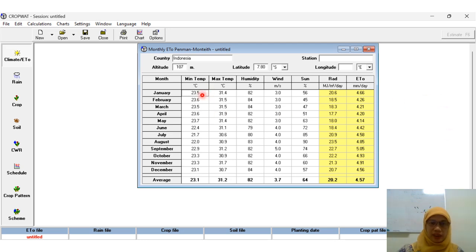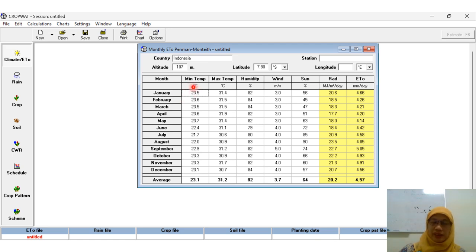Here you can just enter our climatic data here, the minimum temperature, maximum temperature in Celsius, humidity in percent, wind speed in meter per second, and sunshine duration in percent.